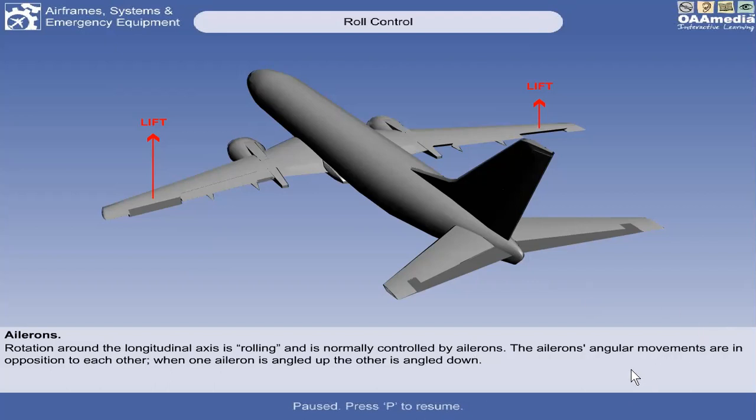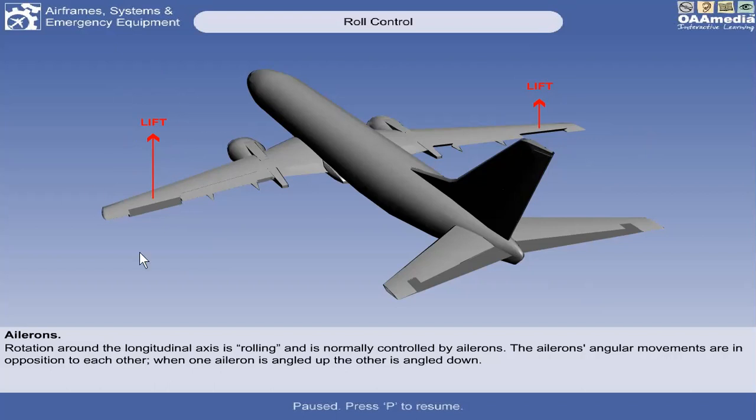So, ayan, the aileron's angular movements are in opposition to each other. So, one aileron is angled up, the other is angled down. So, kapag nakababa yung ailerons mo, naka-deflect pababa, it generates a greater amount of lift compared doon sa kabilang aileron na naka-deflect upward that generates minimum amount of lift.